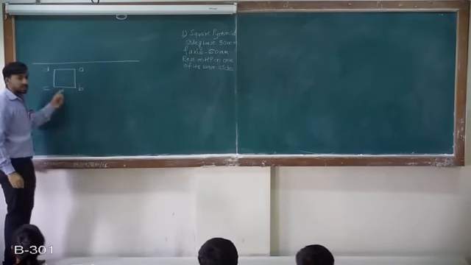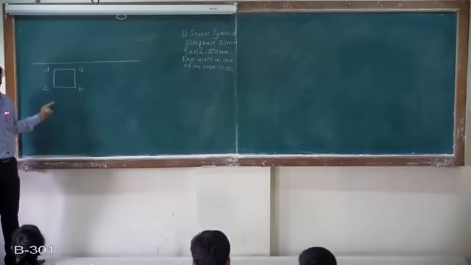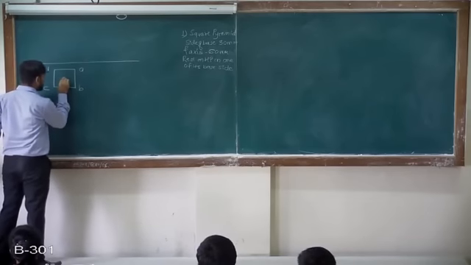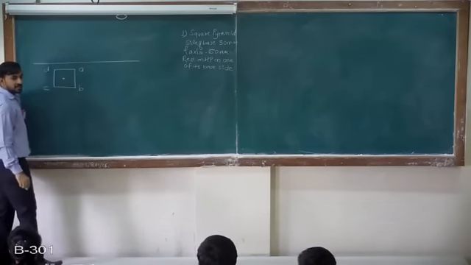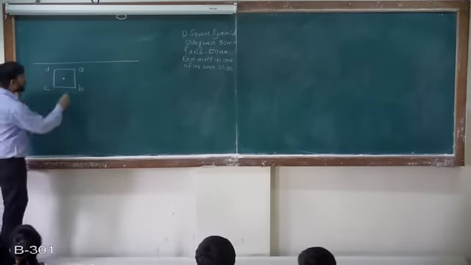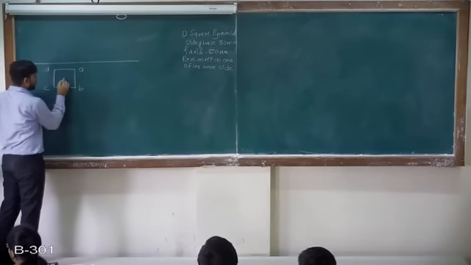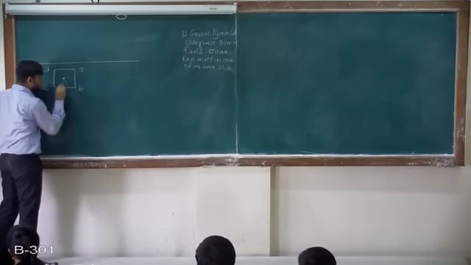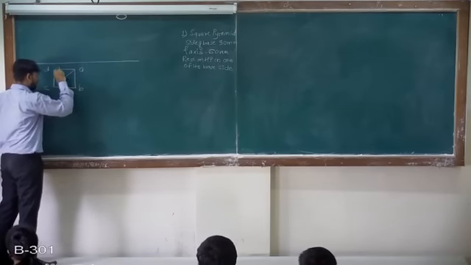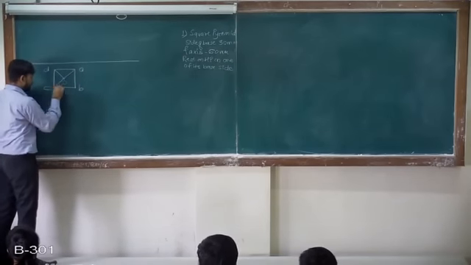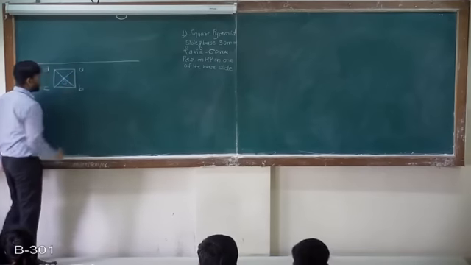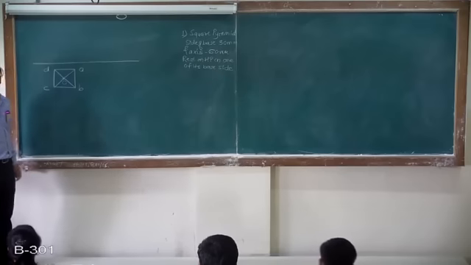So I have drawn ABCD as the base polygon, right? I need to join the slant edges. So find the center and join the slant edges. Draw base A, B, C, D, find the apex as the center O, join the slant edges. This is the top view, right?